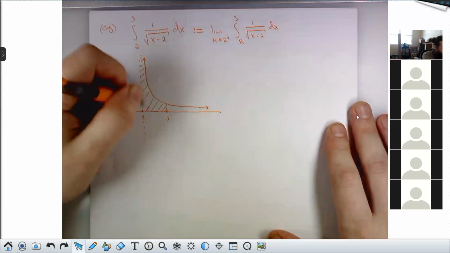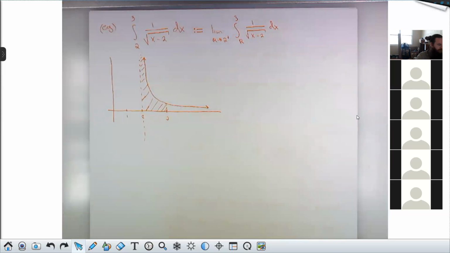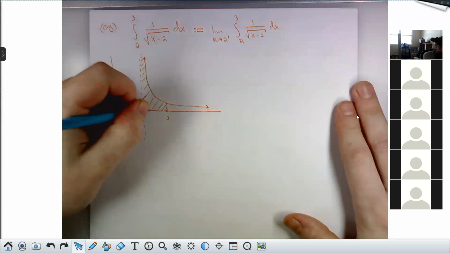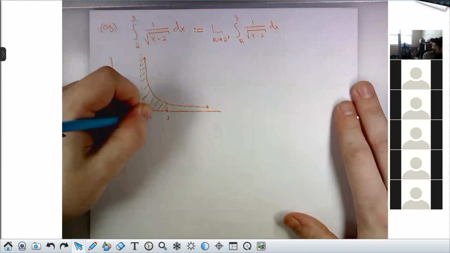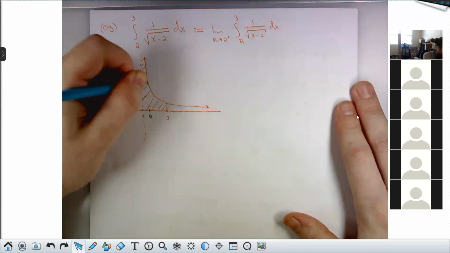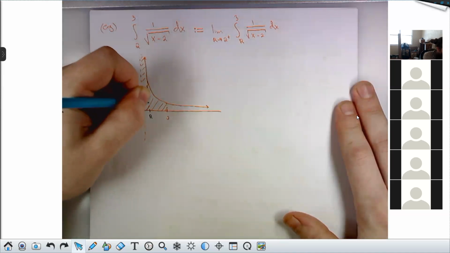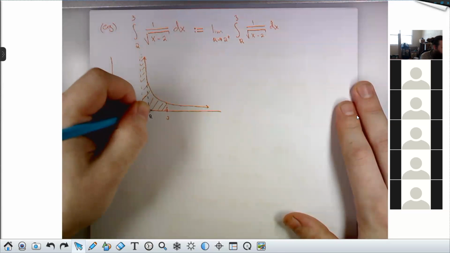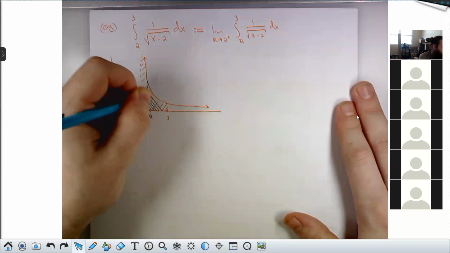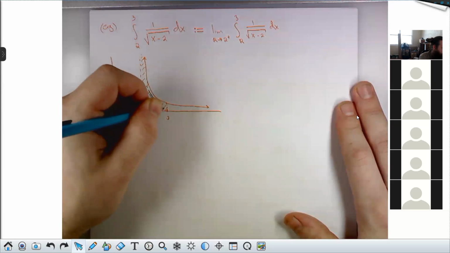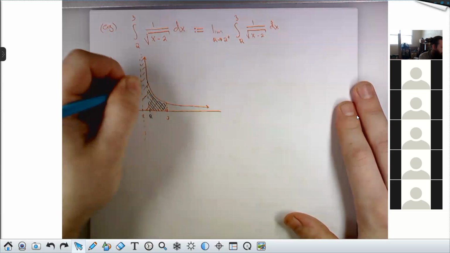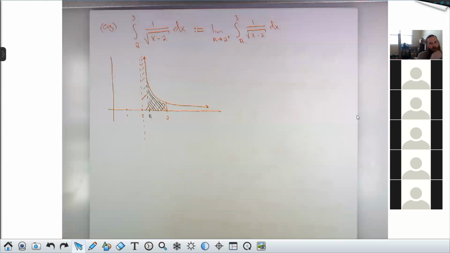And the way we get at it is by dropping r in here between 2 and 3. And then finding the area from r to 3 as a function of r. And then sending r back towards 2.